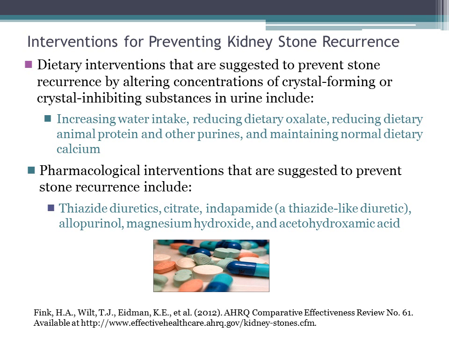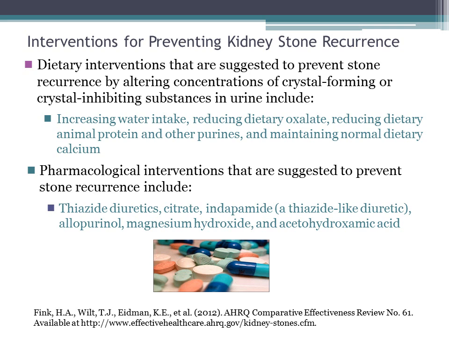There are several interventions for preventing kidney stone recurrence. These include both dietary interventions and pharmacological interventions. The dietary interventions are designed to alter the concentration of one or more of the crystal-forming or crystal-inhibiting substances in the urine.